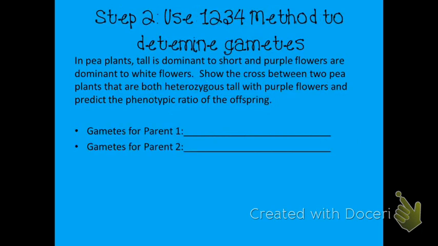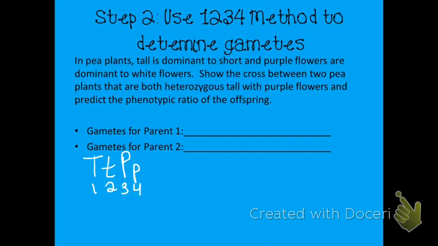Next, step 2 is to use the 1, 2, 3, 4 method to determine the gametes from our parents. So we know that the genotype we figured out was big T, little t, big P, little p. For our 1, 2, 3, 4 method, you're simply going to give each letter a number, 1, 2, 3, and 4.